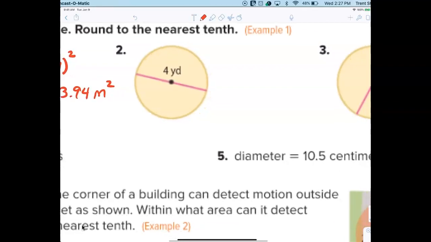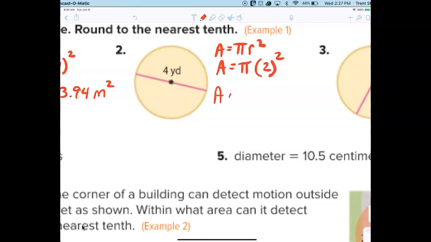All right, number 2. We're going to write down the formula. What is it? A equals pi times 5, what's the radius? 2. That is correct. 2 squared, which is about 12.57.